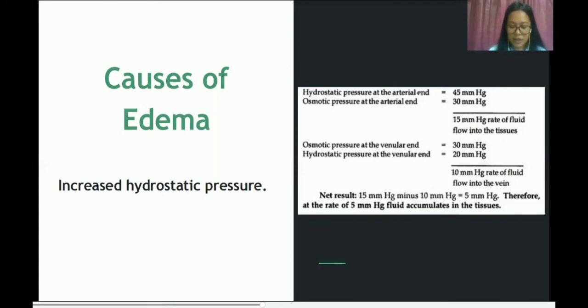Same goes with the normal osmotic pressure and hydrostatic pressure at the venular end, where the fluid flows in the veins at 15 mmHg. Thus, there is normal return of fluids. In a case that the hydrostatic pressure in the venous end is high, the rate at which the fluid flows into the veins gets lower, impairing the flow and causing accumulation of fluid into the tissues.